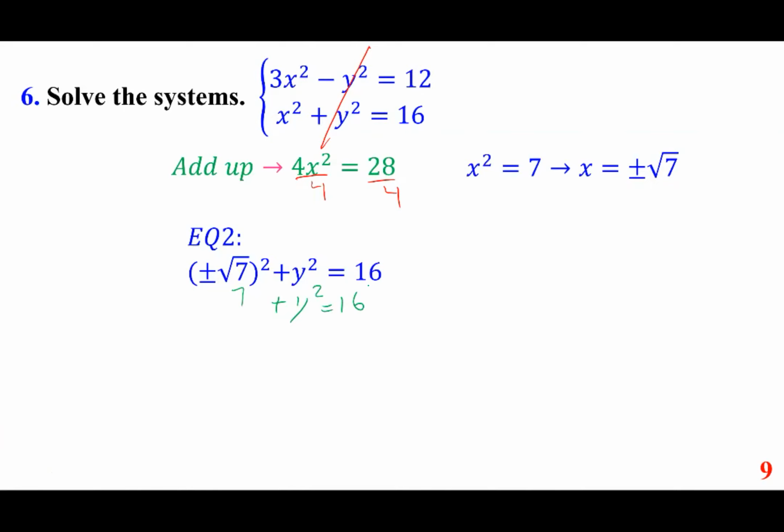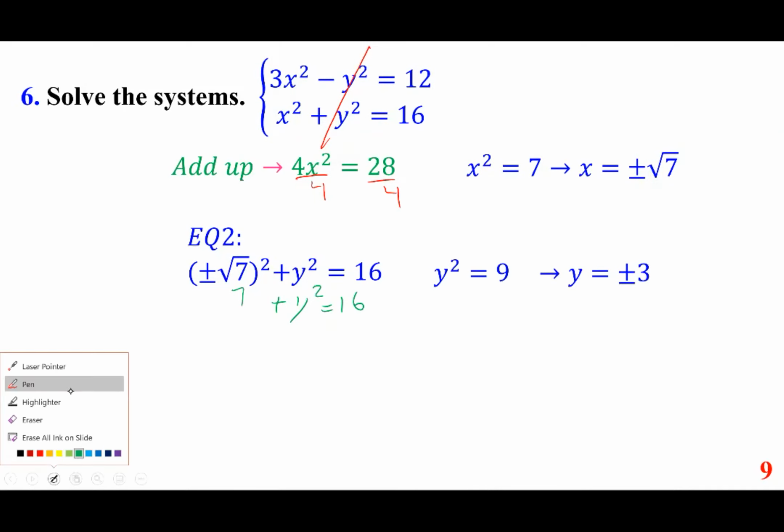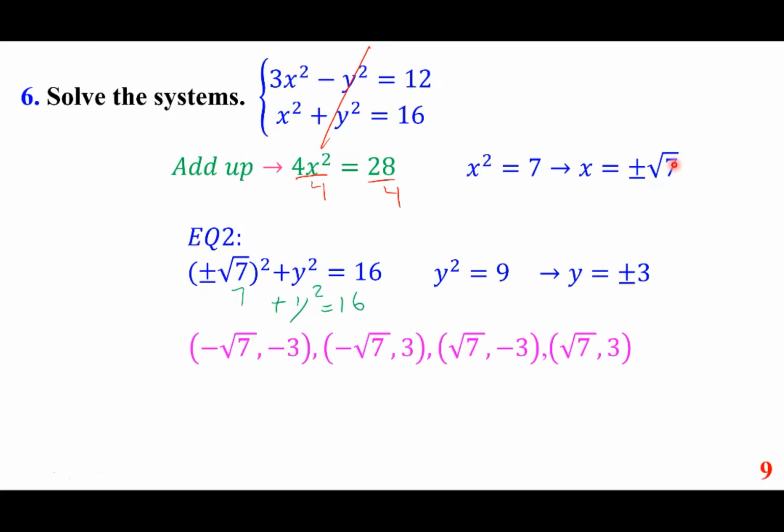I'm going to subtract the 7 from both sides, and y is plus minus 3. Please understand, 2 of that combination gives you a total of 4. Here's how you do the writing, everybody. Negative square root of 7 with negative 3 and negative with positive 3. Positive square root of 7 with negative 3, positive square root of 7 with positive 3.